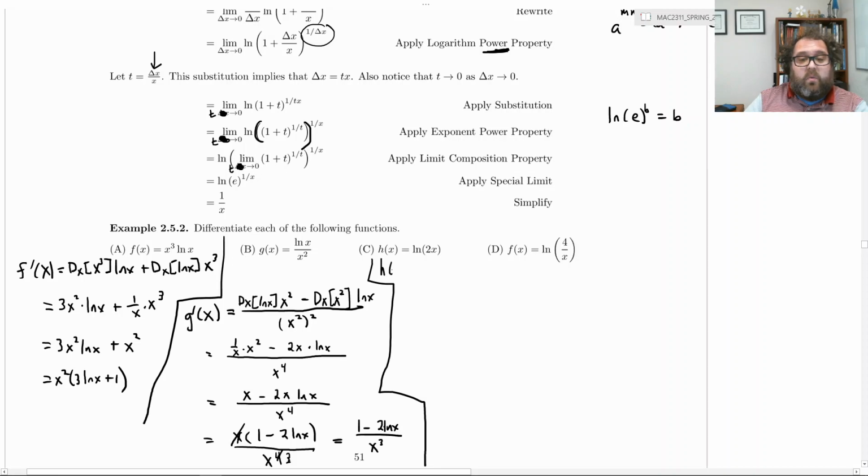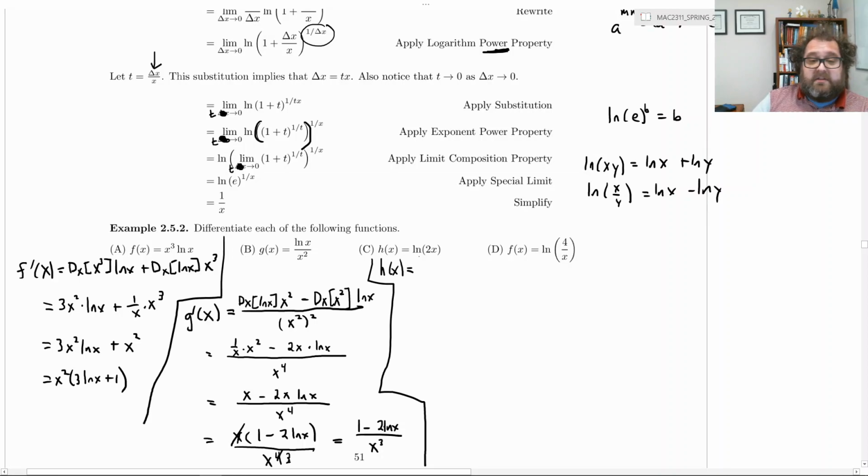The product property says natural log of x times y equals natural log x plus natural log y. The quotient property says natural log of x divided by y is natural log x minus natural log y.